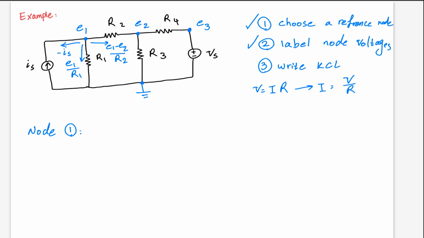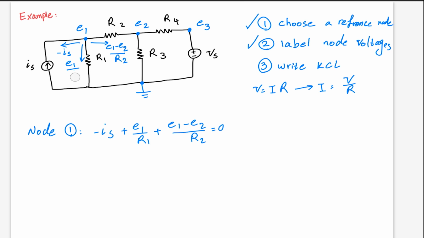Now, let's write the KCL. So for node 1, minus IS plus E1 over R1 plus E1 minus E2 over R2 will be equal to 0.